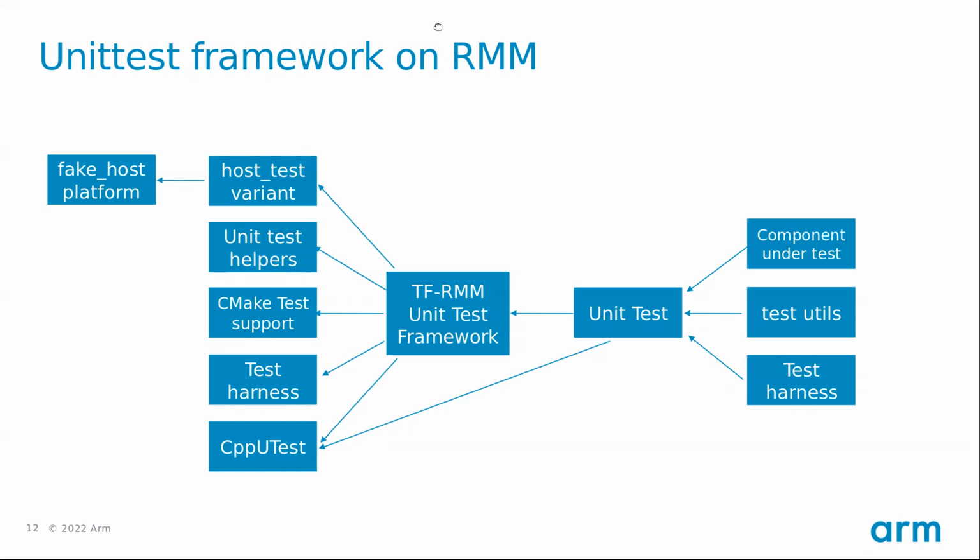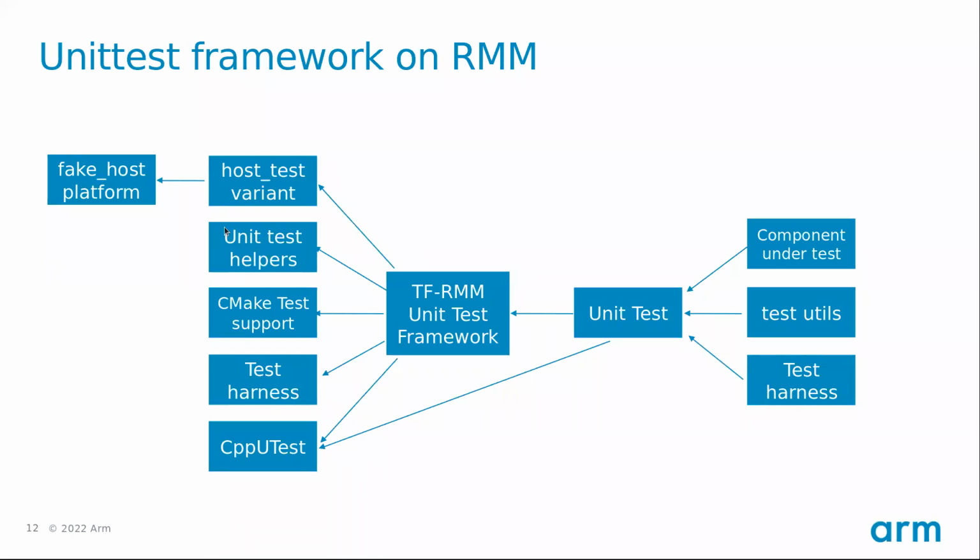This is a small component diagram that shows how the unit test framework and the tests are all related together. The unit test framework and everything on its left belongs to the platform layer. The unit test framework depends on the host test variant, which in turn depends on the fake host platform.